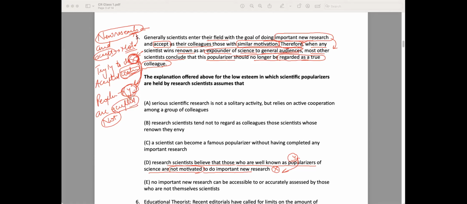Sir, I got confused by the prompt of the question. It is asking lowest esteem in which scientific popularizers are held. And lowest esteem, I mean, they are not seen as true colleague. They are seen as low. Not accepted as colleagues means they're seen in low esteem. They're not regarded as good people.